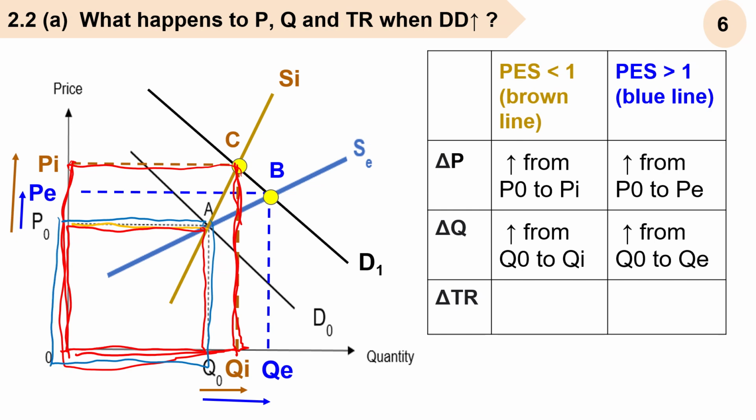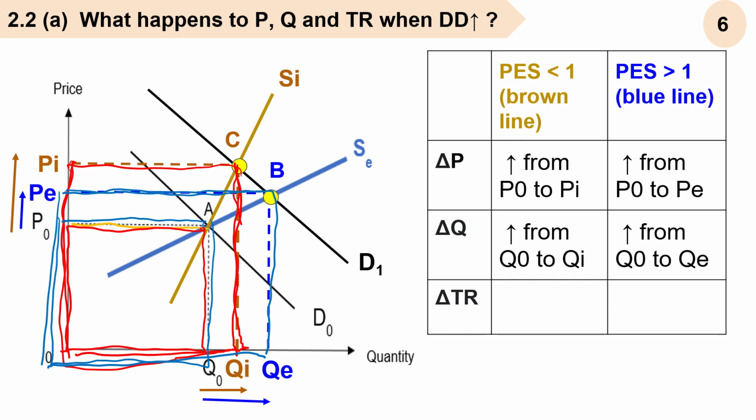What is the final total revenue when PES is more than 1, the blue line? PEQE, yeah? So it's PE to B to QE to 0.